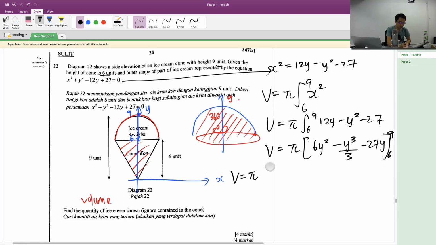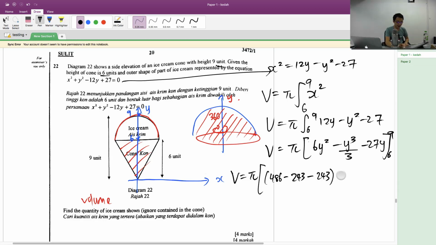So therefore, 6 multiply 81. Okay, so I have 6 times 9 squared minus 9 to the power of 3 divided by 3 minus 243, minus 27 multiply 9, which is minus 243 again.